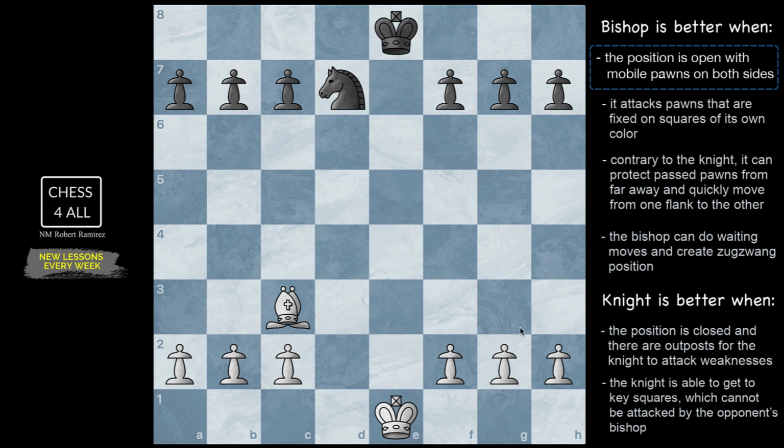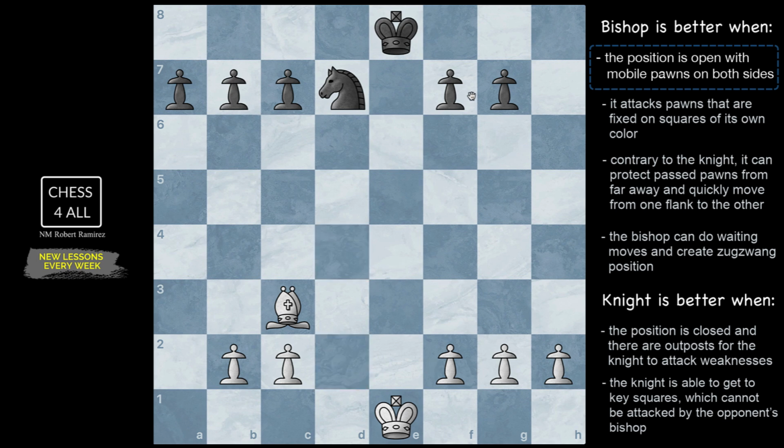Now, the main thing for the side with the bishop, guys, is to create strategic imbalances, and that could be something like this. If we just remove a pawn from the black pieces and we remove a pawn from the white pieces, you see this is an imbalance.